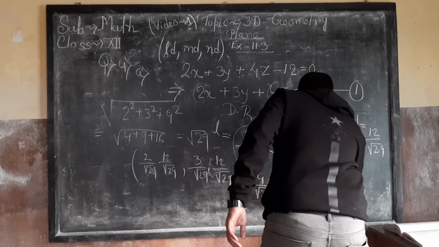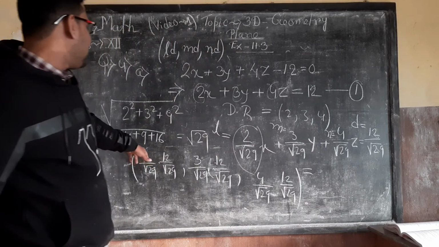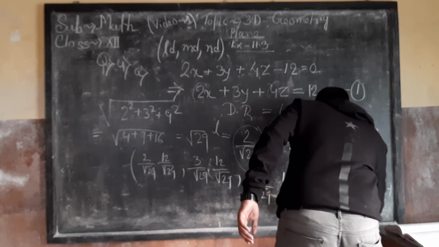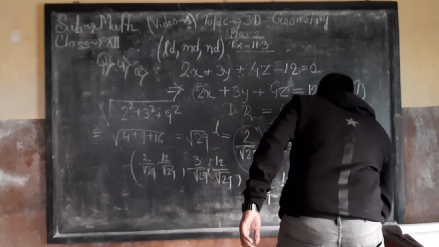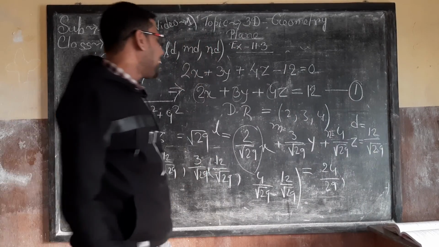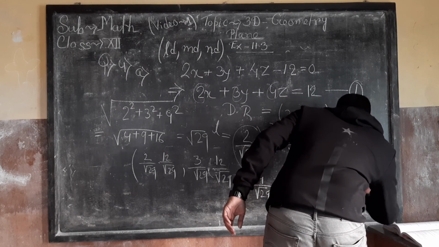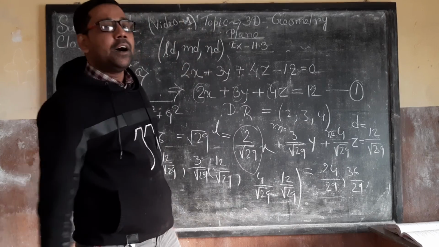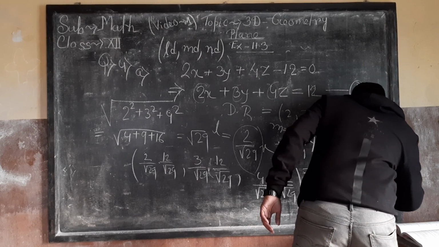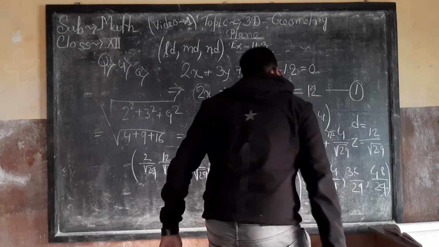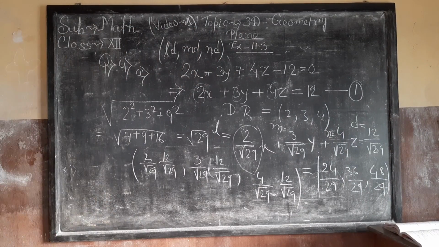From this we easily get 24 by 29 comma 36 by 29 comma 48 by 29. So this is the coordinates of the foot of the perpendicular from the origin.